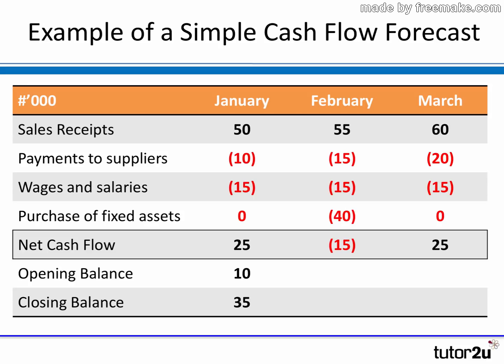So the closing balance in one period becomes the opening balance in the next period. So £35,000 at the end of Jan becomes the opening balance at the start of Feb. We know that our net cash outflow is negative 15, which must mean that the bank balance fell by 15,000 from 35 to 20. So 20 carries forward to March, and we know that 25,000 came in net in March. Therefore, we must have a closing balance of 45.